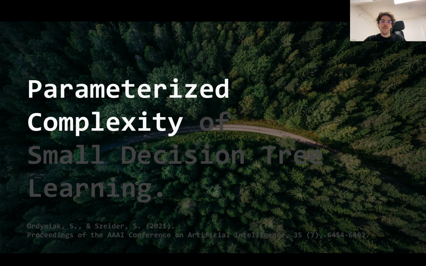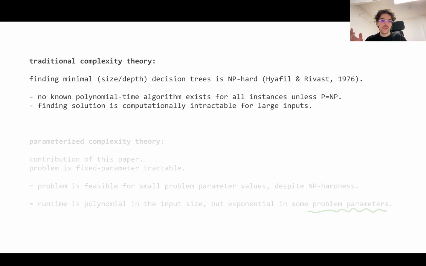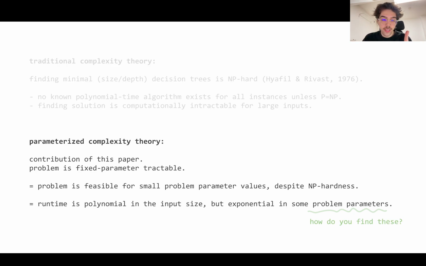So what is parameterized complexity? You know that in the traditional notion of complexity, decision trees are NP hard, which makes them computationally intractable for super large inputs, but they become tractable as soon as we have a more nuanced perspective and introduce some kind of limit to the size of some problem parameters.